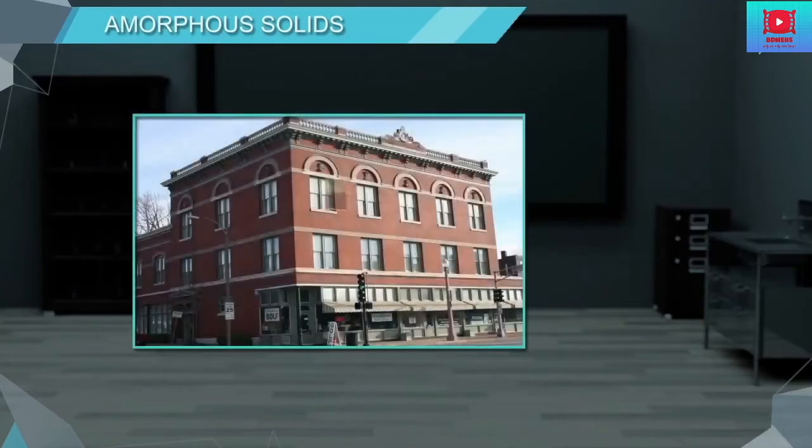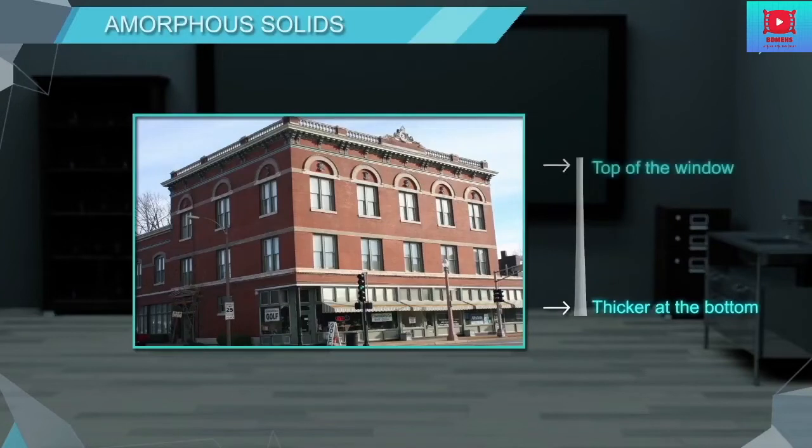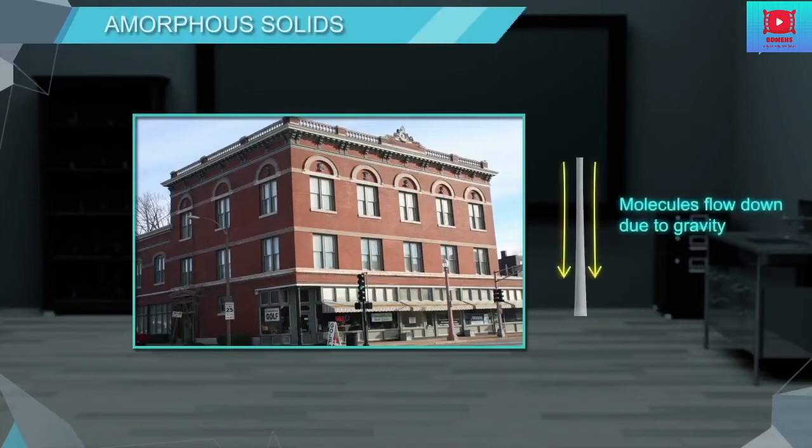Now, if you notice carefully the glass windows of a very old historical building like the one that you see in the picture, they are thicker at the bottom as compared to the top of the windows. This is because as time progresses, some of the molecules on the top of the glass flow down due to gravity and get accumulated at the bottom, making it thicker.